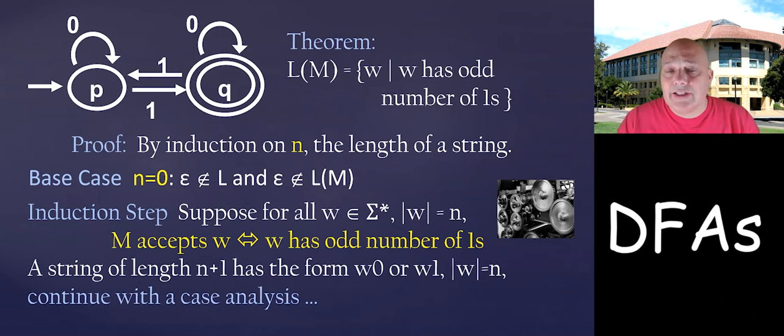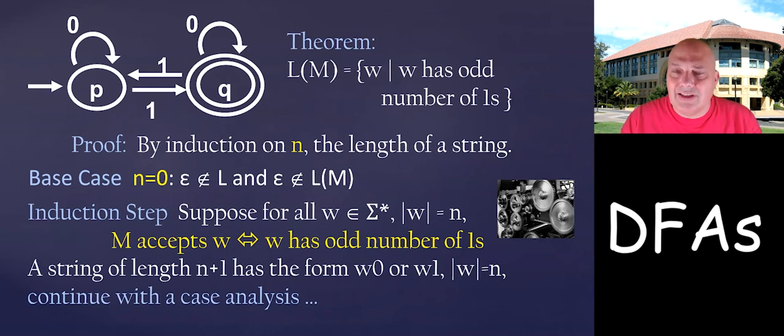A string of length n+1 can be written either as W0 or W1, where W is the prefix of the string of length n. So if the last bit is 0, then you have W0. If the last bit is 1, then it's W1. And now we can continue with case analysis.